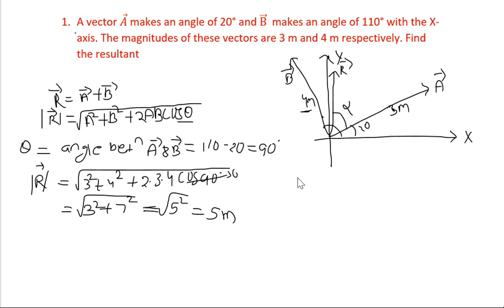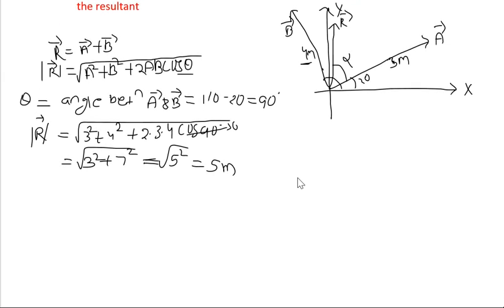The formula is alpha equals tan inverse of B sin theta divided by A plus B cos theta.